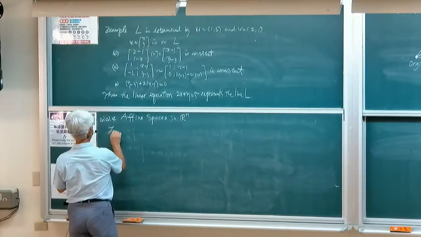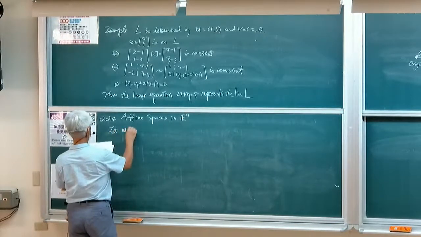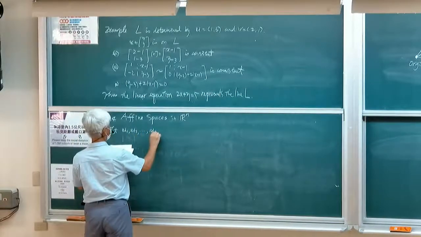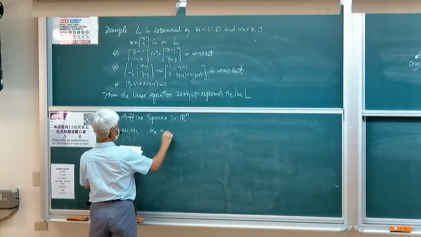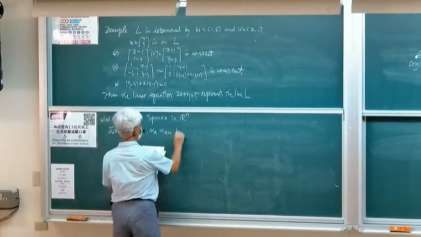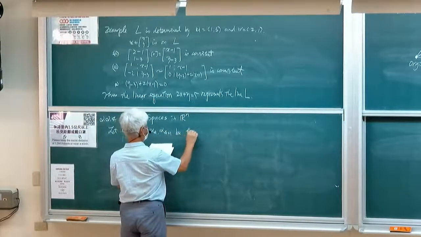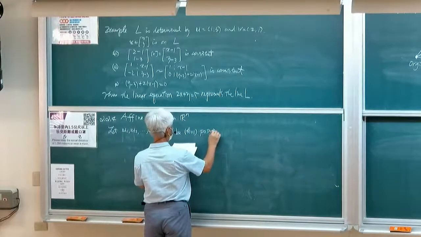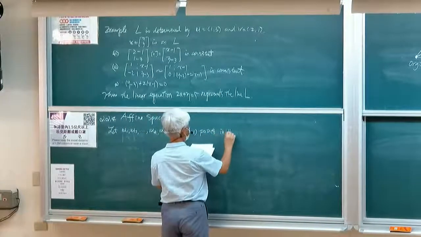All right, so we let u1, u2, up to uk and uk plus 1 be k plus 1 points in Rn.